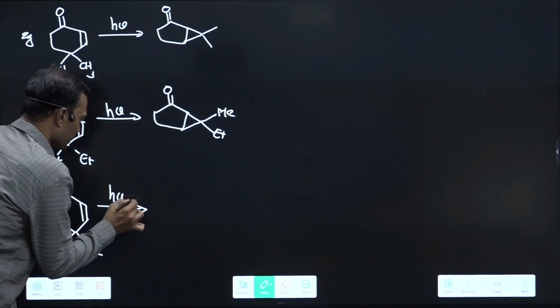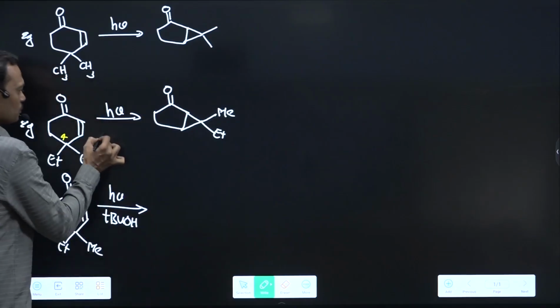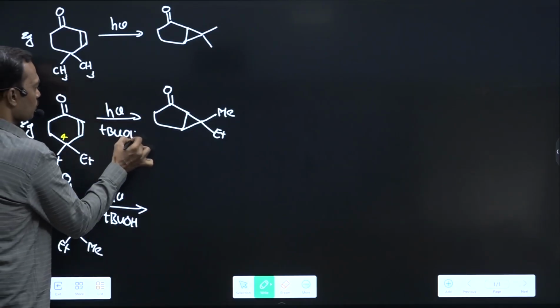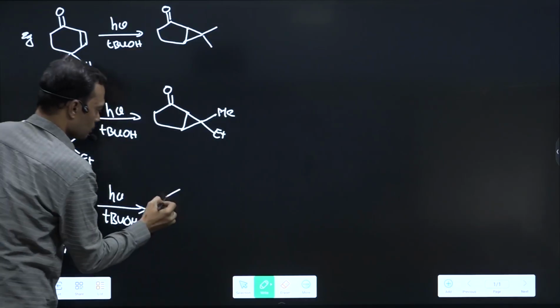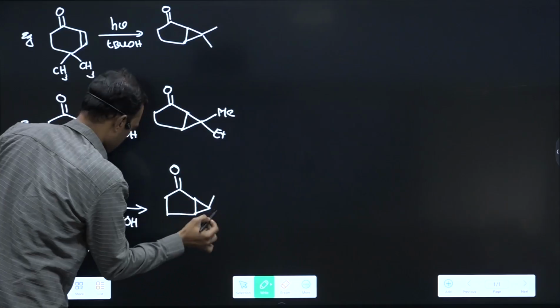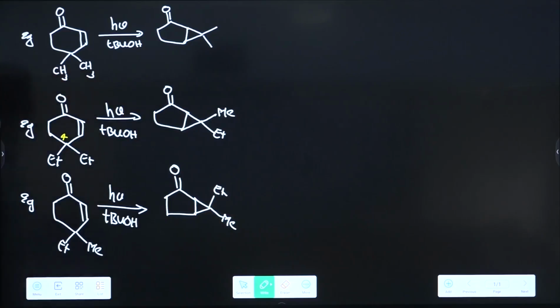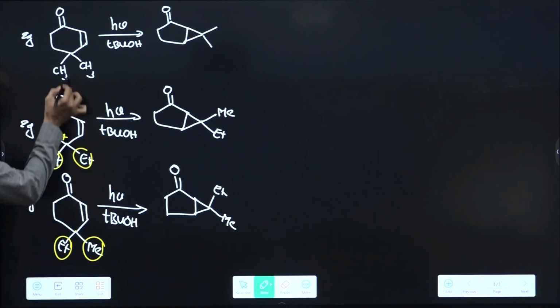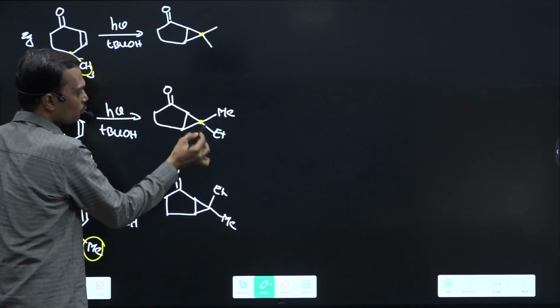So photochemically irradiated, the common solvent is tertiary butyl alcohol. So here, this is ethyl and this is methyl. That is the answer. Around this particular carbon, if 2 aliphatic groups are present, then you write this carbon here as it is without shifting any group.